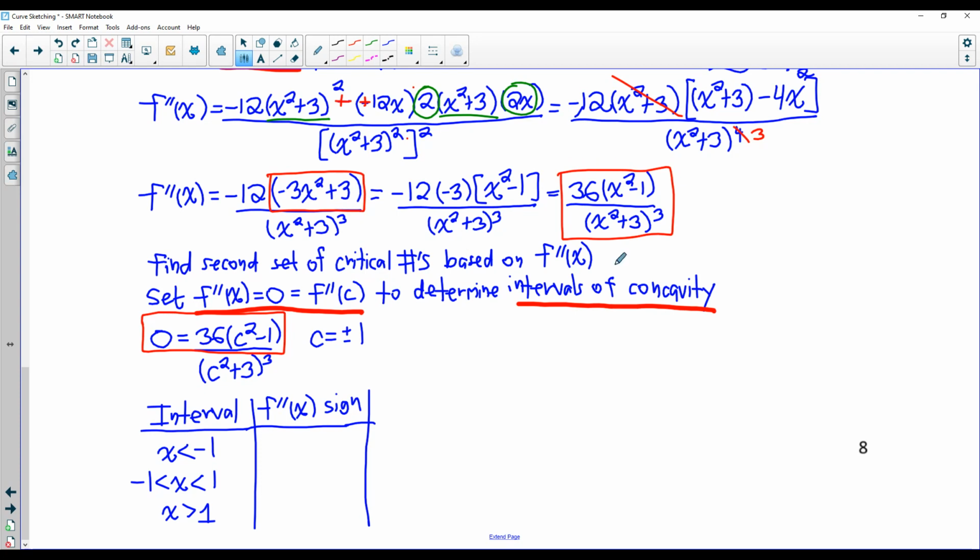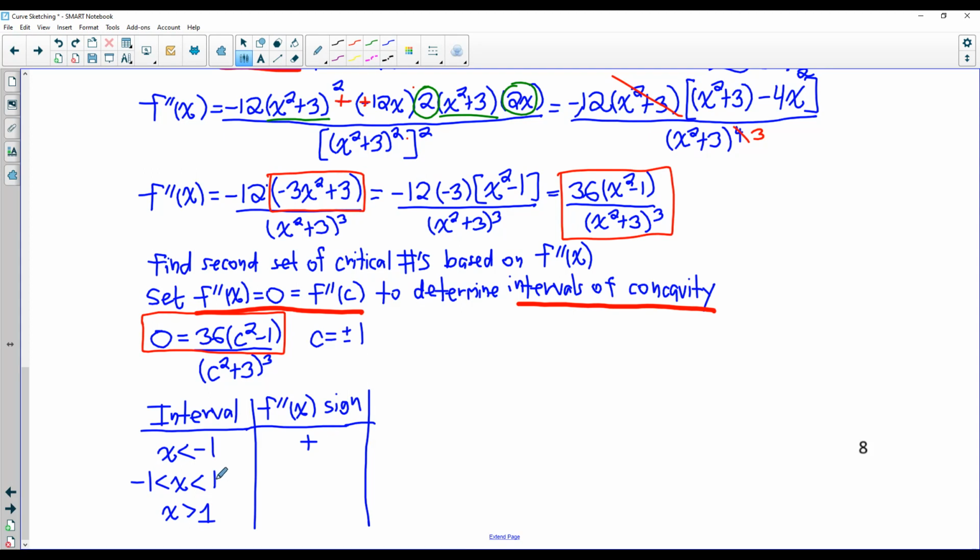If you were to take negative 2 and plug it into the equation up here, negative 2 all squared would be positive 4. 4 minus 1 is positive, times 36 is positive. And it doesn't matter what you do to the denominator, it's always going to be positive, which means that the sign of f double prime of x when x is less than negative 1 must be a positive number.